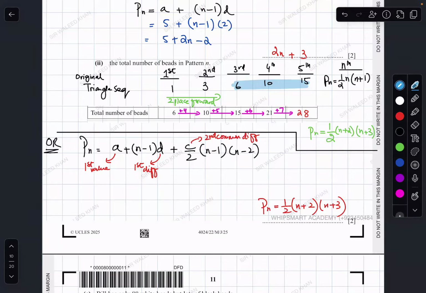But this will be applicable only if the second common difference is equal. So see, the difference between the differences, 4 and 5, that is of 1. Between 5 and 6, that is of 1. This is the second common difference. The value of C, second common difference, will be 1. And you just multiply them, add them, and you will end up with this result.